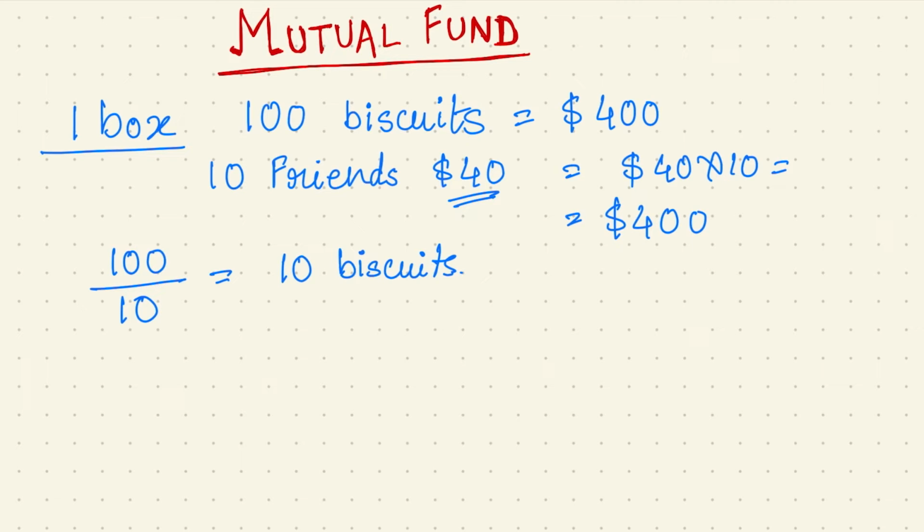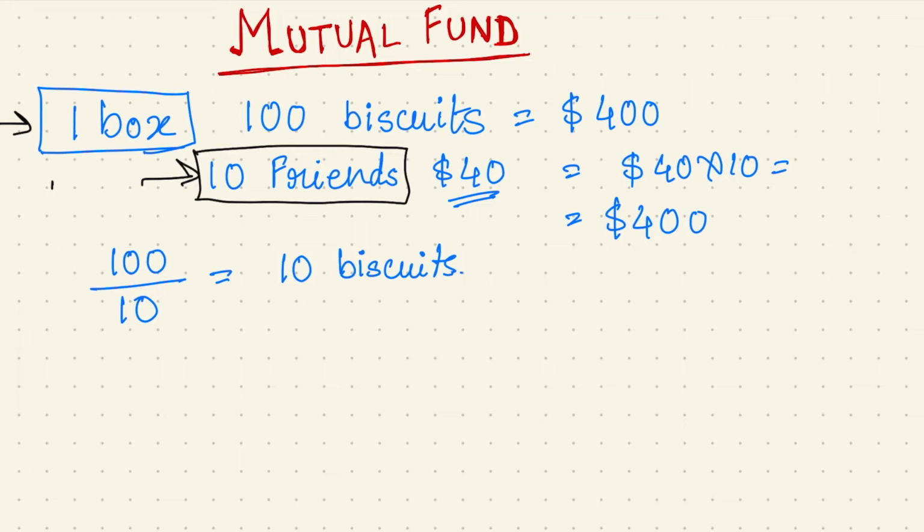Now if we convert this example into the mutual fund concept, let's assume this one box is the mutual fund. These 10 friends are the investors. This $40 is the individual contribution, whatever amount they have.